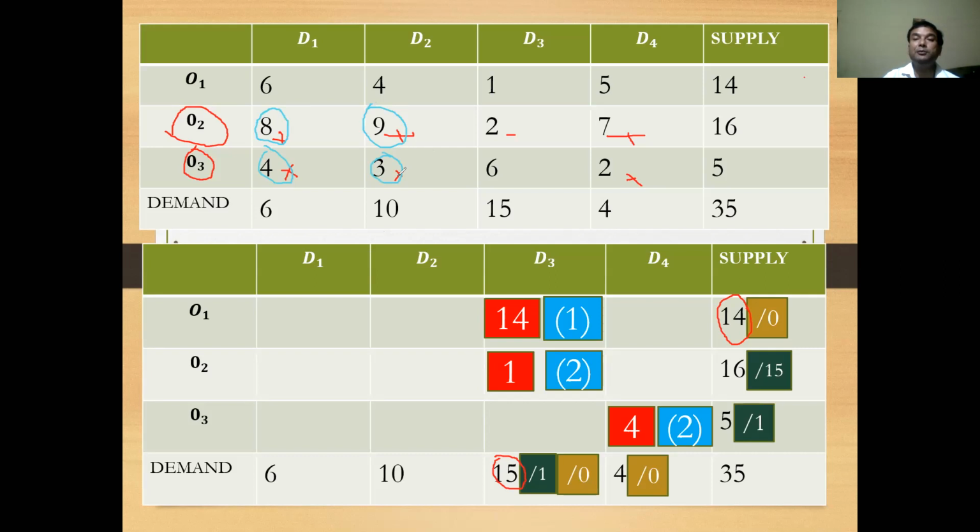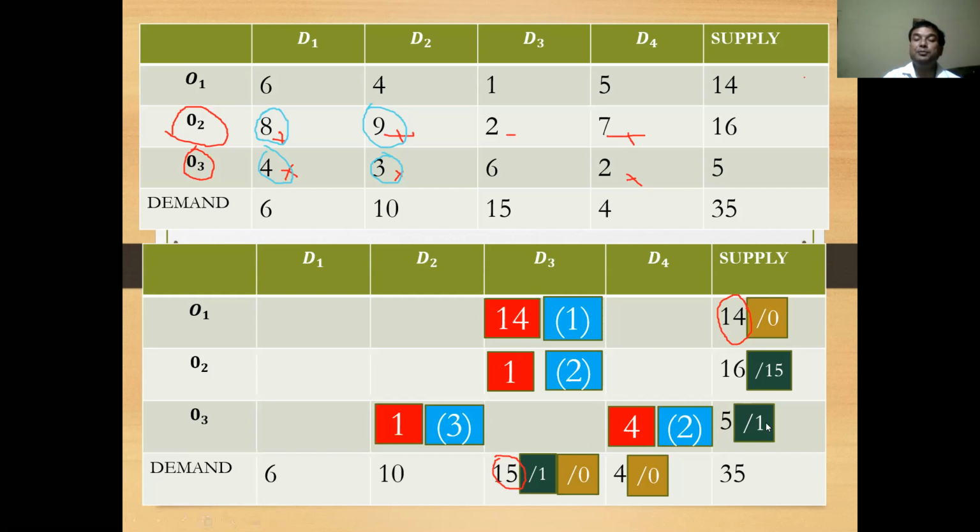Obviously 3 is the minimum, therefore we bring this 3 to the corresponding cell. Now, how many items can be supplied to this cell? Available item is 1 and the demand is 10. So a maximum of 1 item can be supplied.